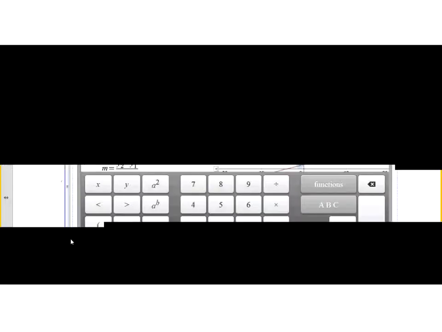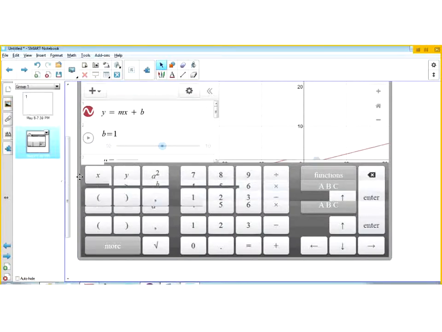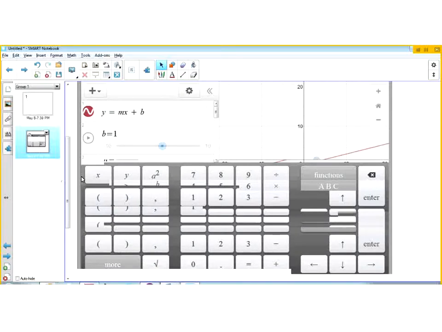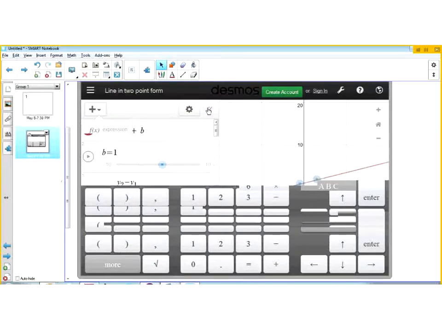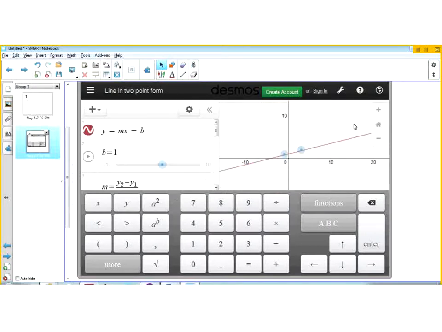There should be a tab here, and there is no tab. That's unusual.